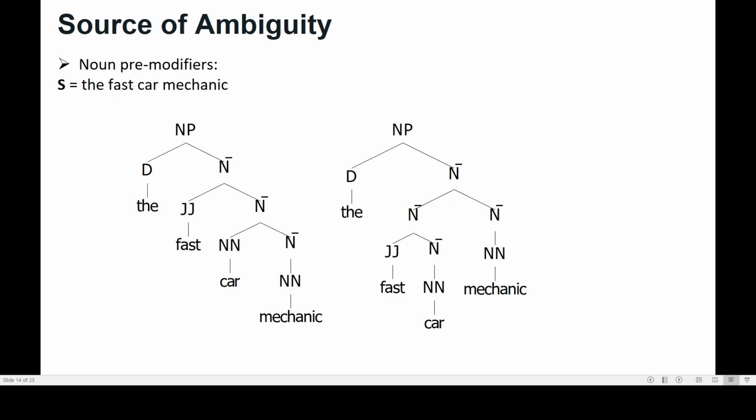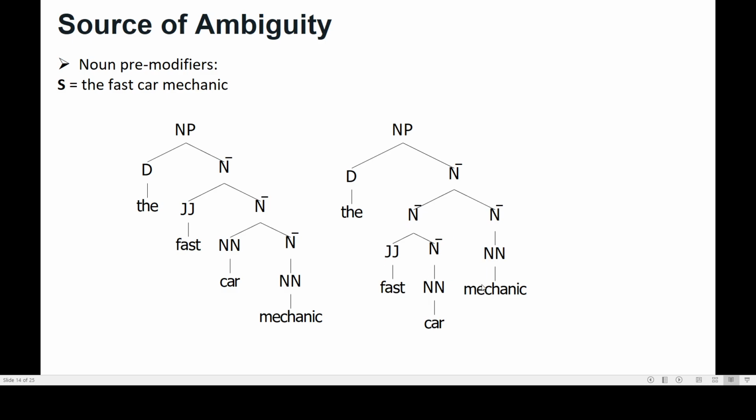So we have another kind of ambiguity, which is noun pre-modifiers. So let's say we have a sentence, the first car mechanic. In the right hand side parse tree, this noun mechanic is actually pre-modified by the noun phrase first car.